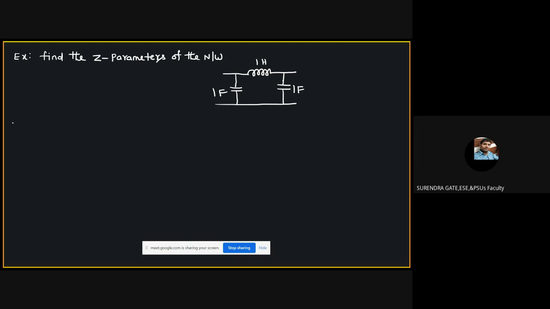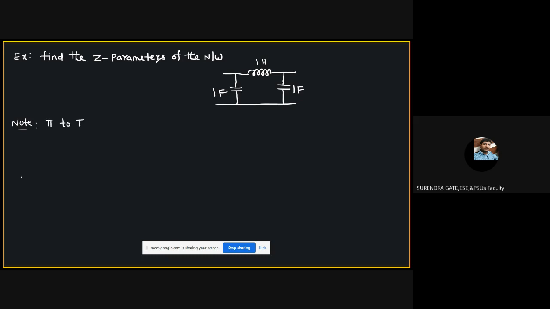Here I am giving a note. For example, if you want to do T to pi transformation and pi to T transformation, here we want pi to T transformation.